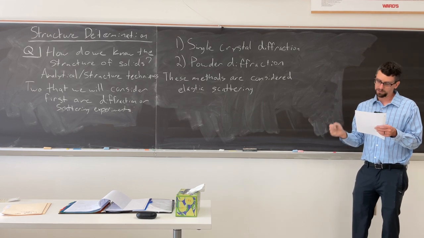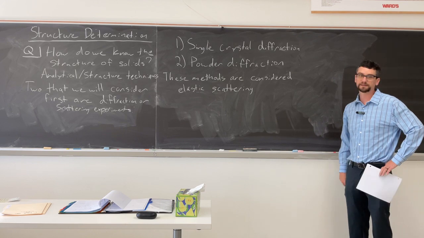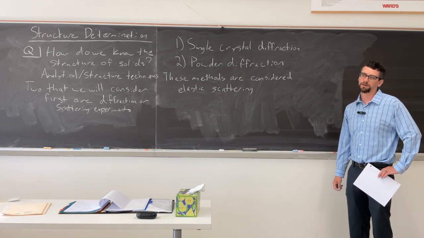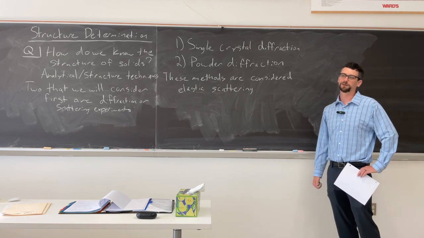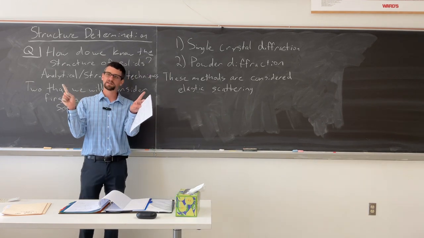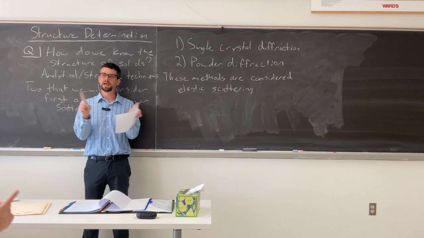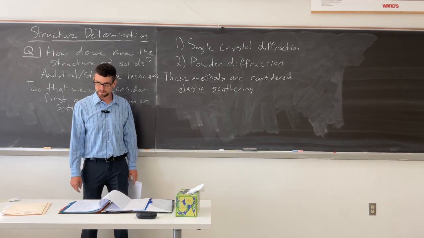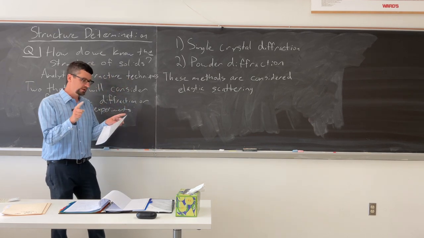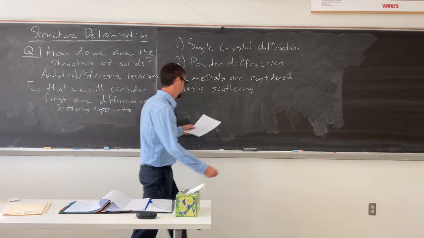What am I talking about there when I say elastic scattering? I need more words. So when you have an elastic collision in physics, what happens in an elastic collision? Yes, energy is perfectly transferred. Nothing is stored. No energy is exchanged.